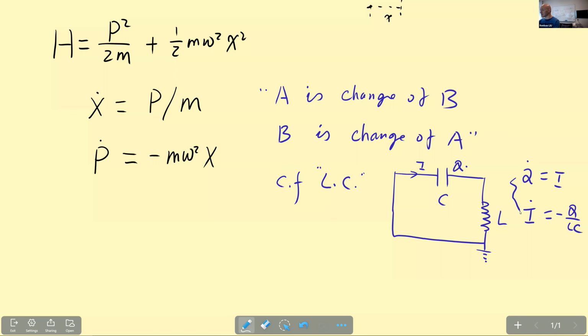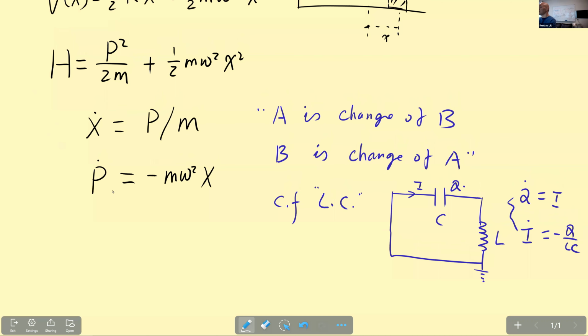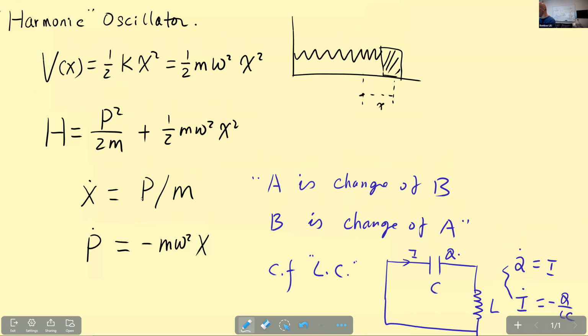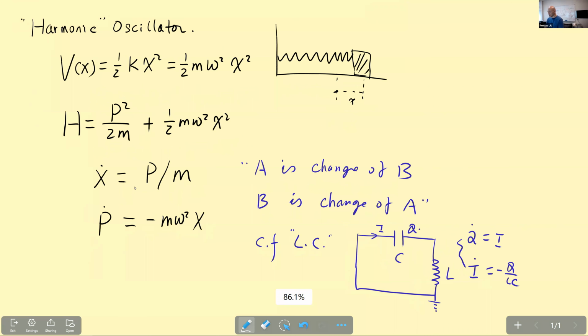You don't have to have a mechanical system. You can have any variables that change by this kind of conjugate set of equations, and then you can say that this is something like a harmonic oscillator. The LC circuit would also have oscillation, so the current will oscillate just like the position of a harmonic oscillator, or the charge will oscillate like the position of a harmonic oscillator.